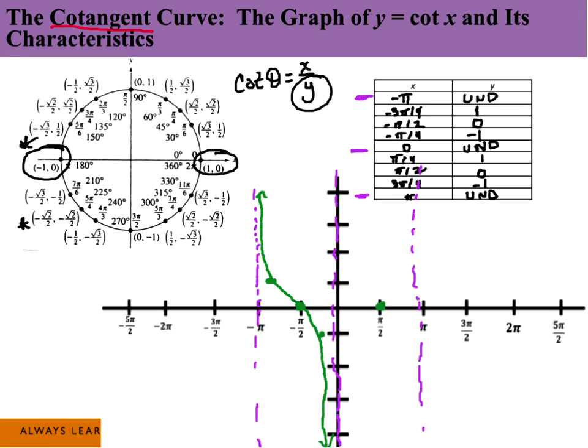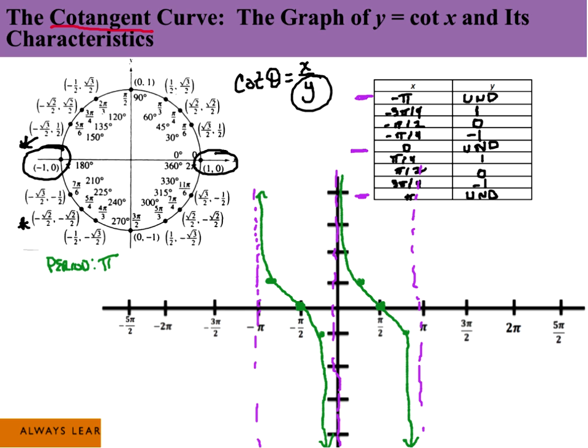Okay, same thing here. I have positive pi over 4 and positive 3 pi over 4. So we come down like this, pass through, and then approach that asymptote. Okay, so that is the general cotangent curve.